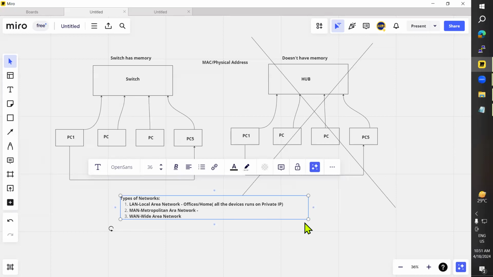These are offices in different places in the city, interconnected.